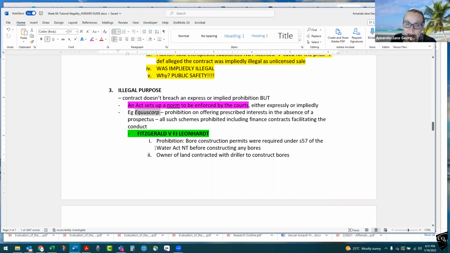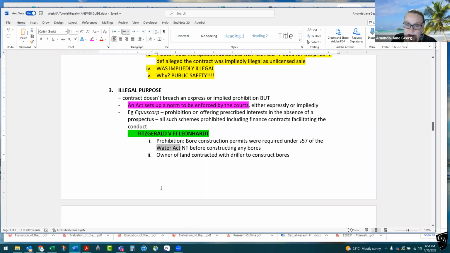And the Water Act required bore construction permits before you actually went about drilling your holes to create the bores. They needed to know who was drilling holes for bores and what the likely impact of that would be for water supply in the area, obviously. So a fairly serious matter here that is being legislated on.